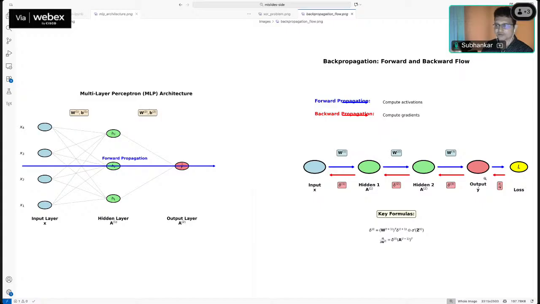How much change in y causes how much change in loss. Then similarly, how much change in w3 causes how much change in y, how much change in W2 causes how much change in W3, how much change in W1 causes how much change in W2, and how much change in X causes change in W1. So instead of approaching from X to L directly, we go through the chain rule, asking this question again and again.